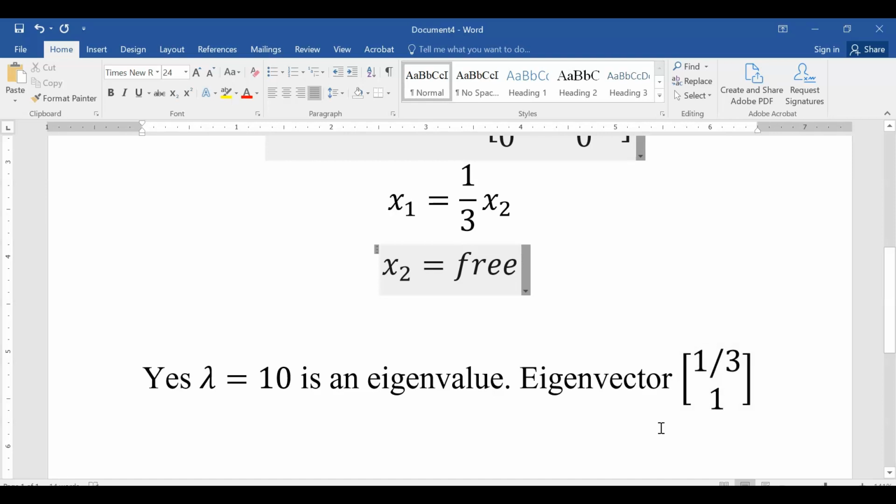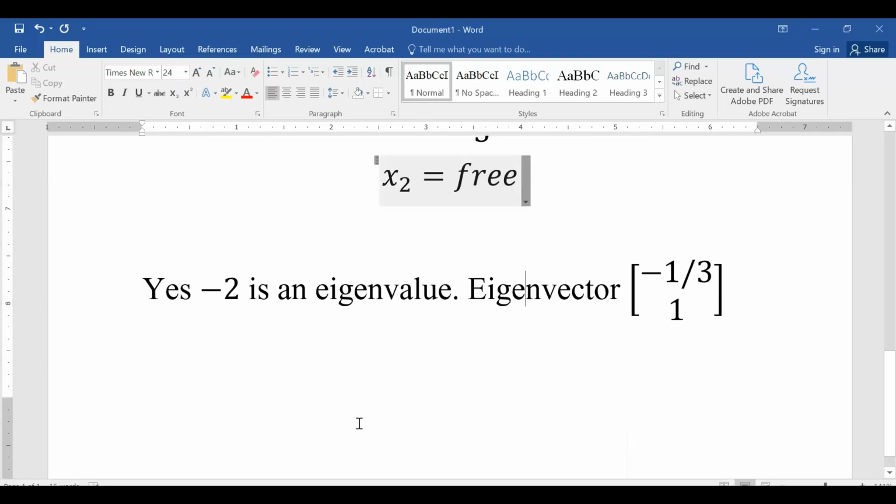If you remember, for our lambda equals -2, -2 was another eigenvalue. It had eigenvector (-1/3, 1).